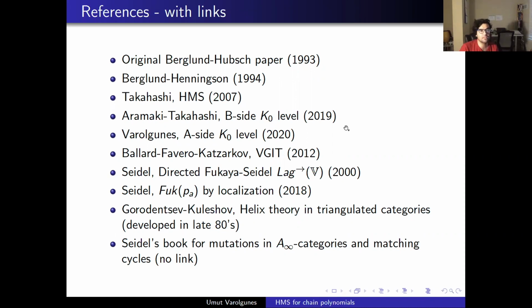There is this Orlov's theorem that relates the graded matrix factorization category with some actual derived category of coherent sheaves of something. But that something is an orbifold, I think. So I don't know if it's smooth. There were theorems, maybe by Dyckerhoff, I can't remember.